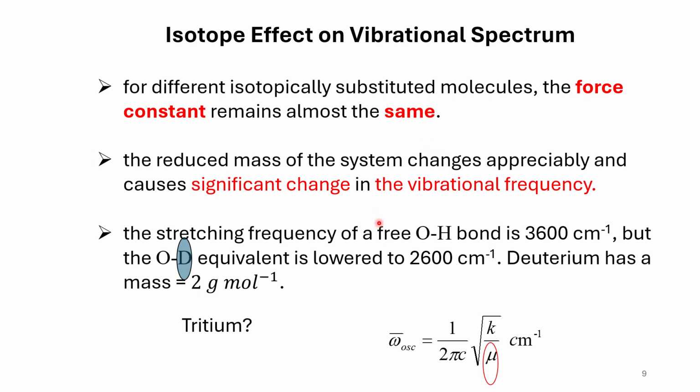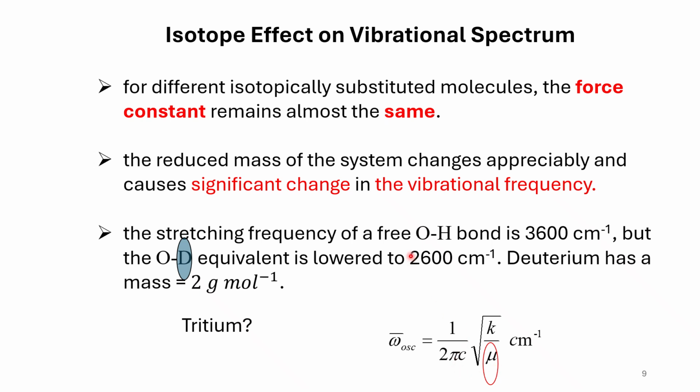The reduced mass for the system will change appreciably and cause a significant change in the vibrational frequency. So for isotopically substituted molecules, the value of k is the same for two molecules differing by isotope, but they have different values of the reduced mass.